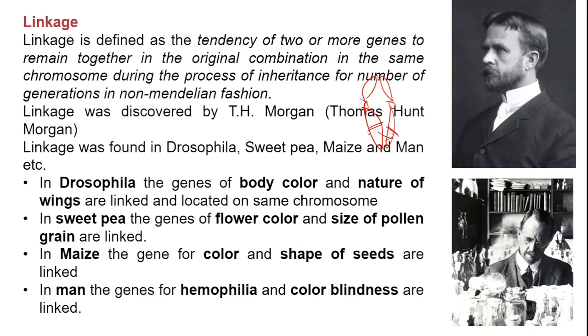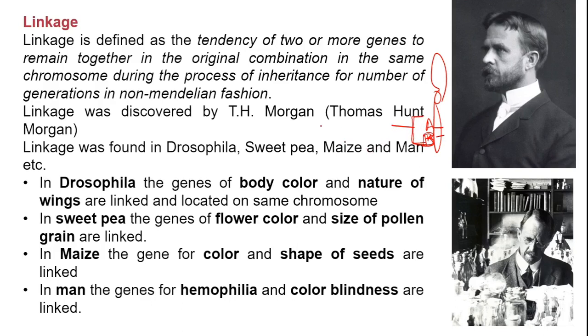Crossing over is the common phenomenon, but linkage is rare, where because of the shorter distance between two genes, they will be together for a number of generations in original combination in non-Mendelian fashion. Mendel states that genes will be segregated apart and enter new gametes. But because of the shorter distance, they stay together and do not follow independent assortment. That is called non-Mendelian fashion.